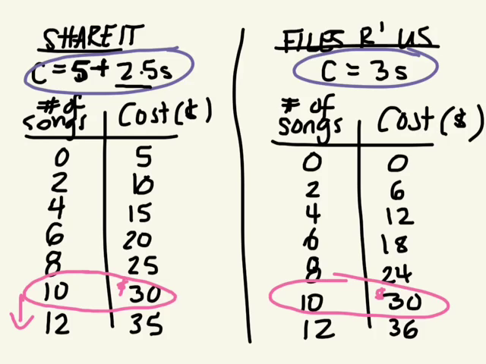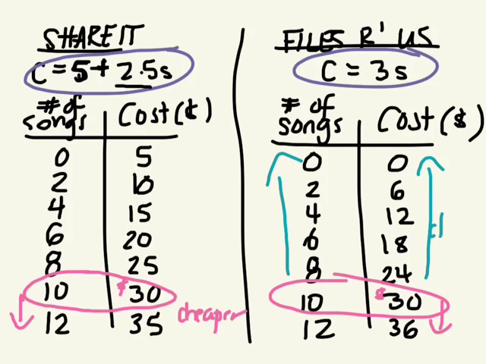Is it cheaper or more expensive than Files Are Us? It's cheaper, right? If she's downloading more than 10 songs from Files Are Us, it ends up being more expensive. But what happens if she's downloading less than 10 songs? Files Are Us is cheaper. So it all depends on how many songs she thinks she's going to download.